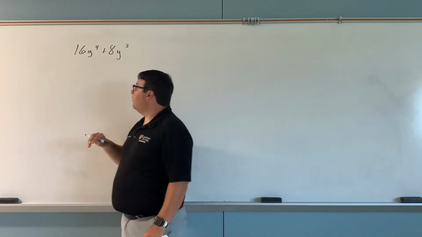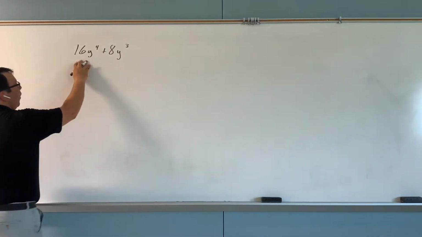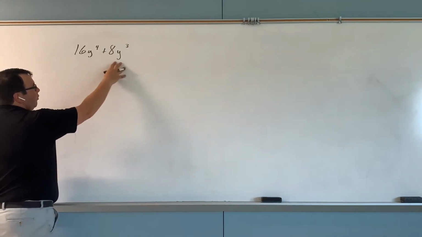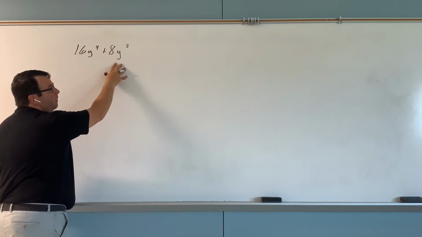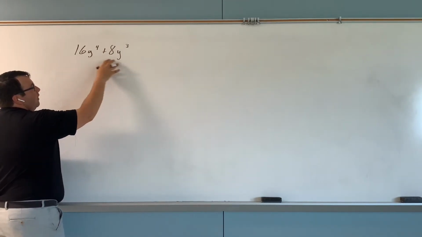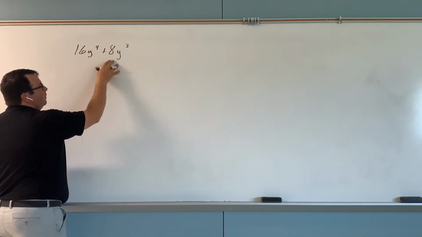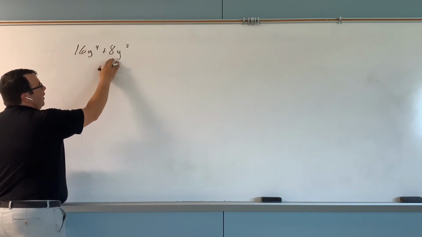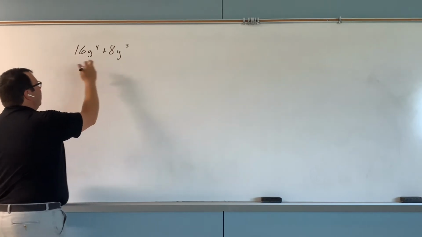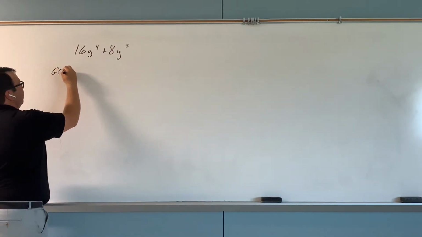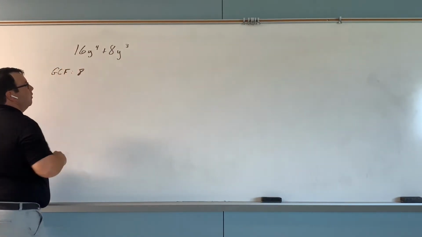So in this example, I have 16y to the fourth, 8y to the third. What is in common? Let's start with the coefficients. I have 16, I have 8. 8 can go into both of these terms. So that means I have a GCF that contains 8.